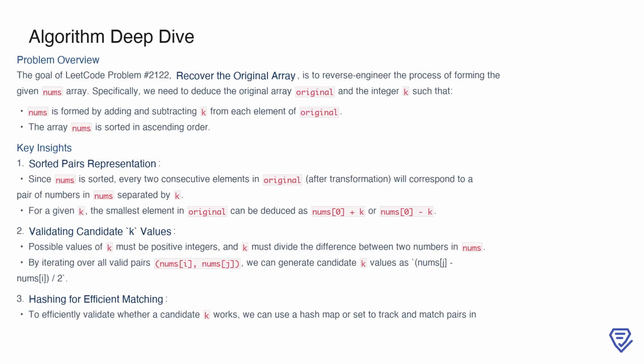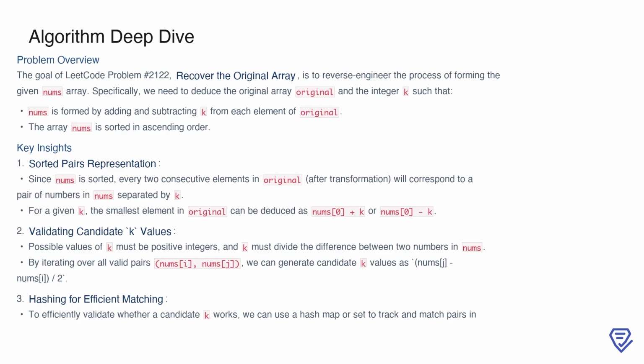A key observation here is that every element in original creates two corresponding values in the transformed nums, separated by 2k. For example, if an element in original is x, the corresponding values in nums would be x plus k and x minus k. This relationship allows us to deduce possible values of k by analyzing the differences between pairs of elements in nums.